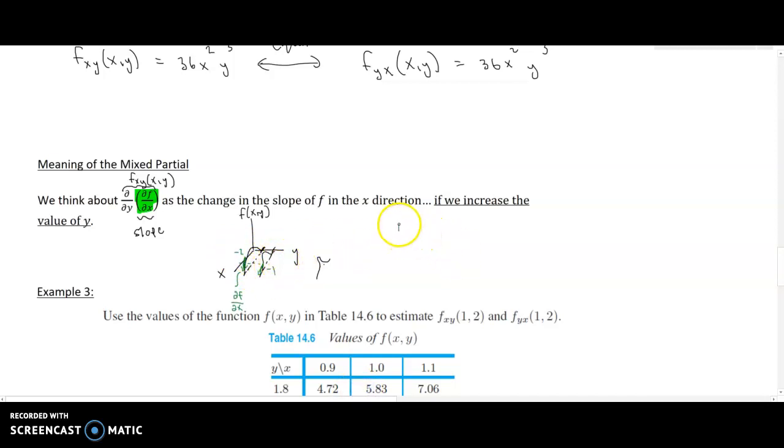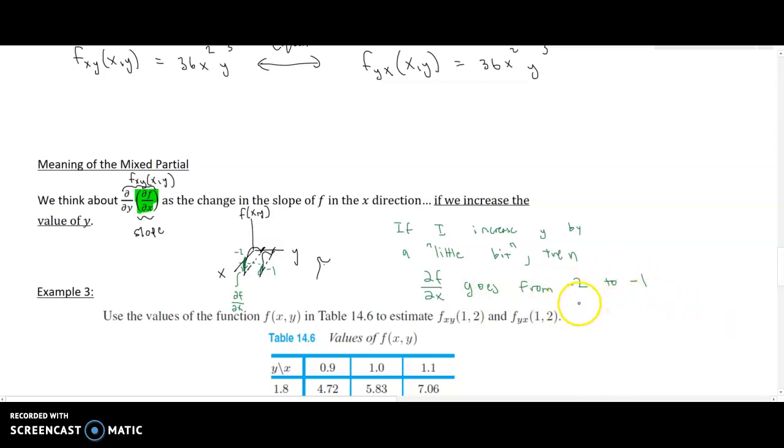so we can say that if I increase y by a "little bit," then df dx goes from -2 to -1.